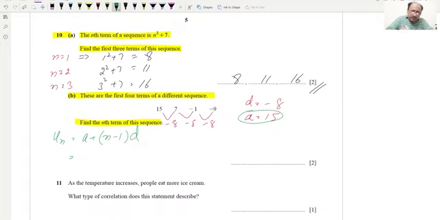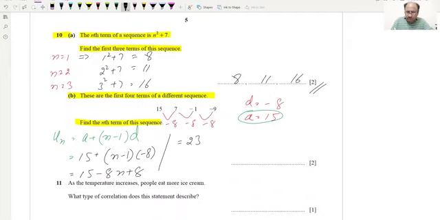So we'll write here 15 plus n minus 1 into d, where d is minus 8, and we can open the bracket and we will get 15 minus 8n plus 8, and further adding the like terms, 15 plus 8 will be 23. So 23 minus 8n is our answer for this 2 marks part.